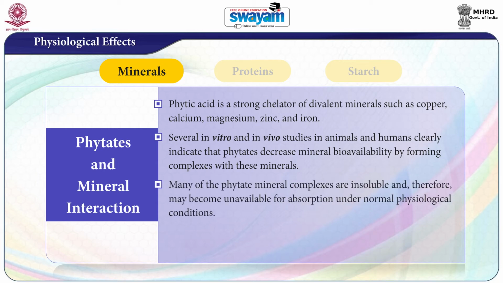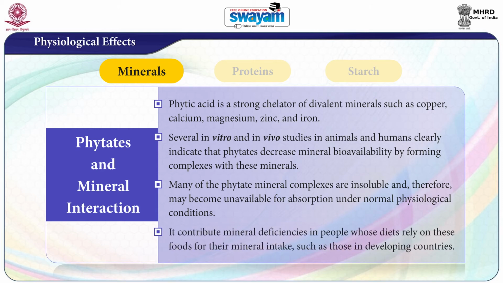Many of the phytate mineral complexes become unavailable for absorption under normal physiological conditions. It contributes to mineral deficiencies in people whose diets rely on these foods for their mineral intake, such as those in developing countries.